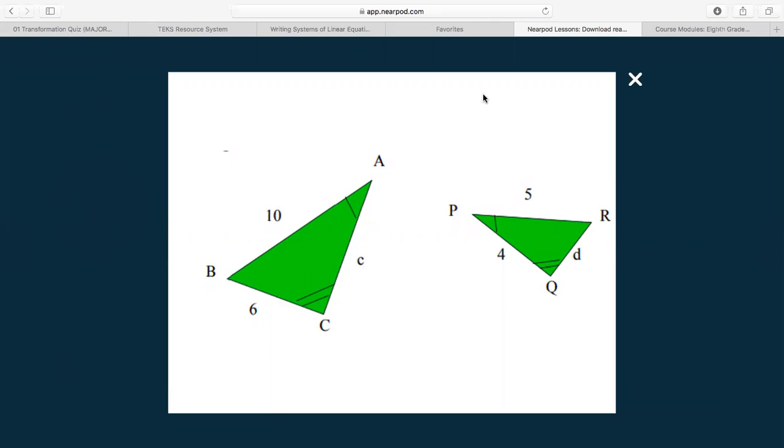So I'm gonna color. So this one's like turned around a little bit. So for this one, there's really only one proportion you can set up.